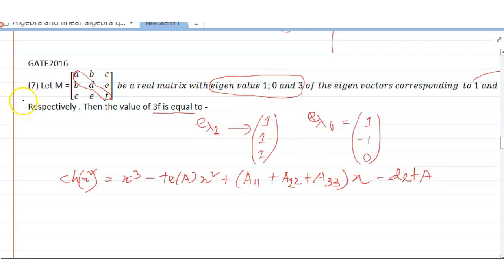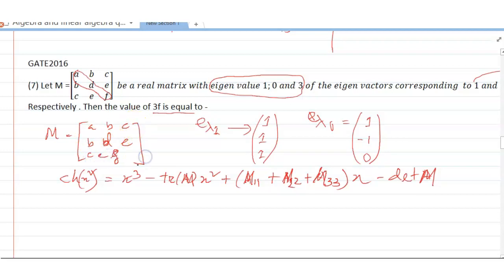Let the matrix M, with entries m11, m22, m33, equal [[a, b, c], [b, d, e], [c, e, f]].